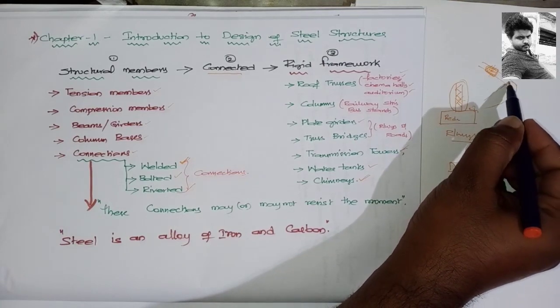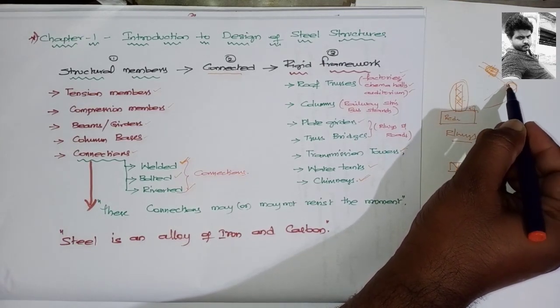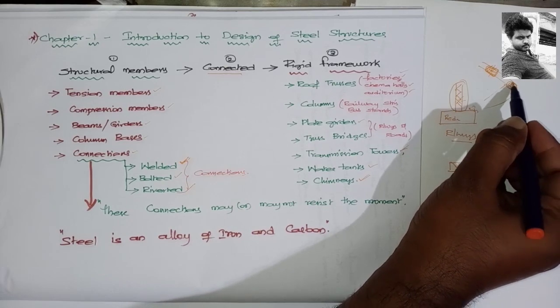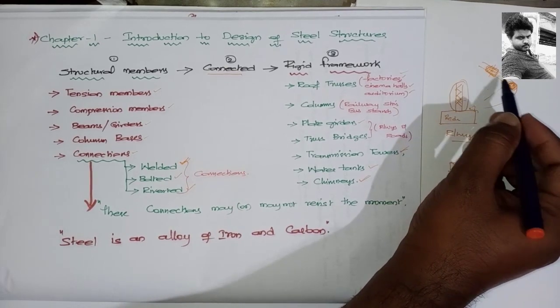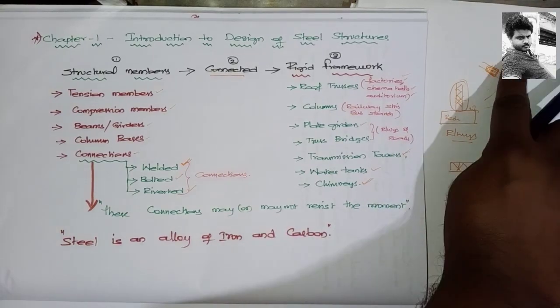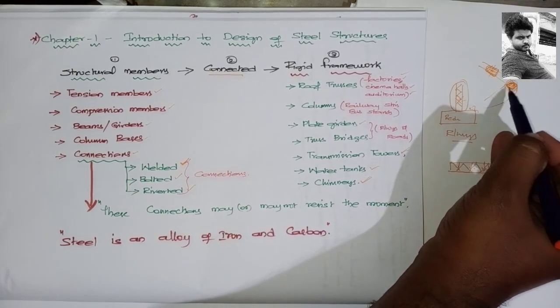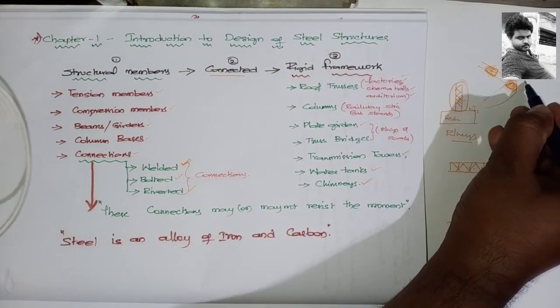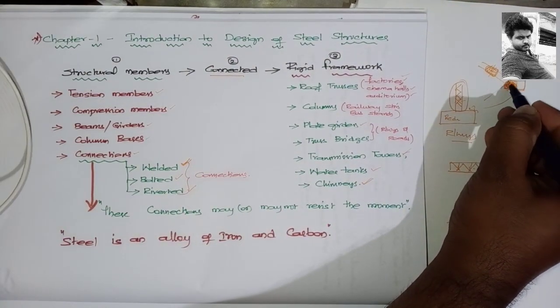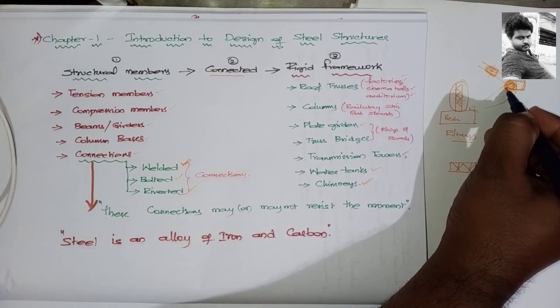But if I get a wound here, it is more serious, because this is a joint where the movement of the hand happens. So we consider joints as the weakest point in a member, in a structure.